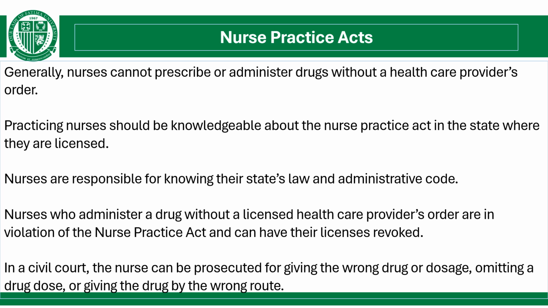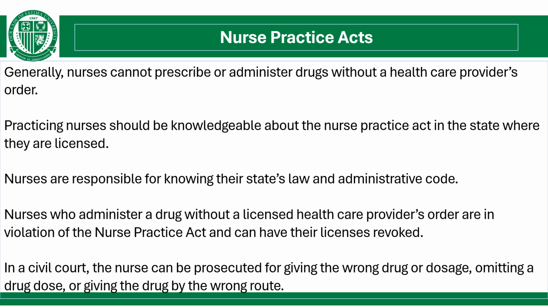In a civil court, nurses can be prosecuted for the following reasons in terms of drug administration. Number one, giving the wrong drug, giving the wrong dosage of a drug, omitting the drug dose.